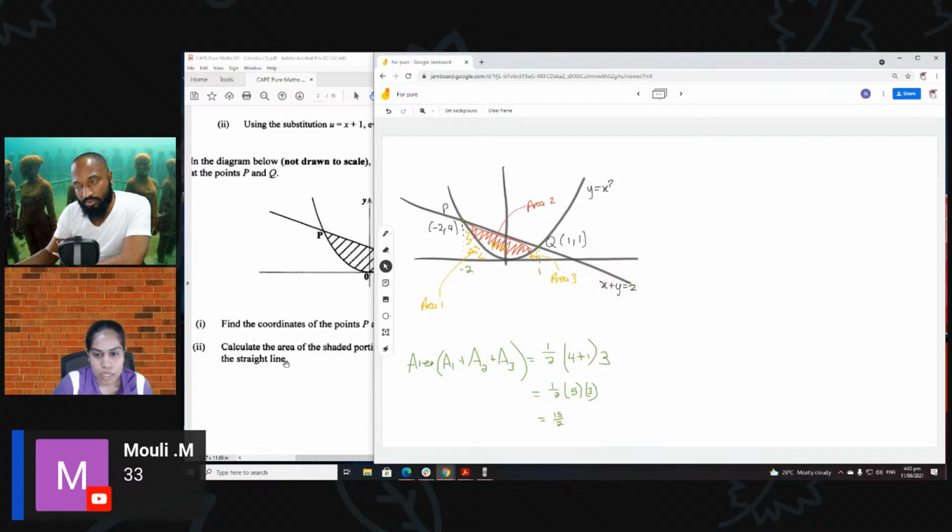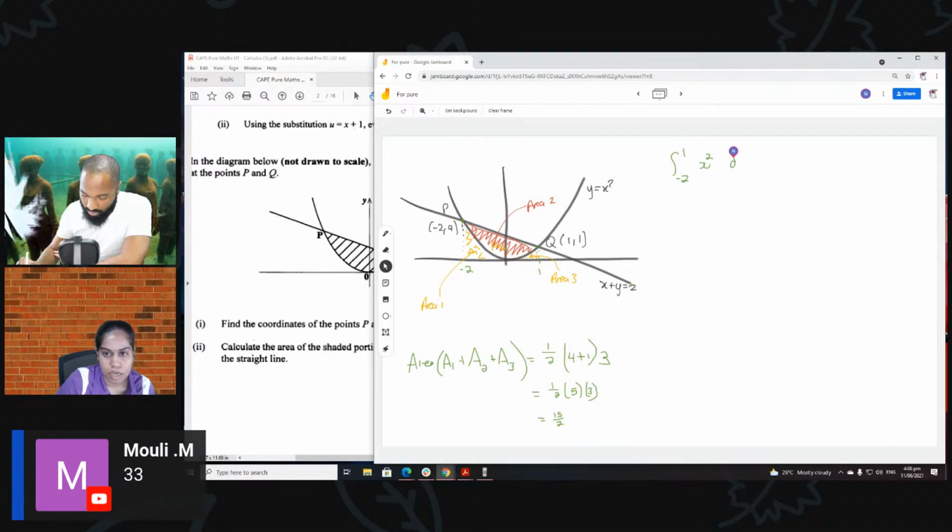Now, the area of A1 and A3 would be finding the integral between -2 and 1. So that area is underneath the curve. So we're going to use x squared with respect to x.